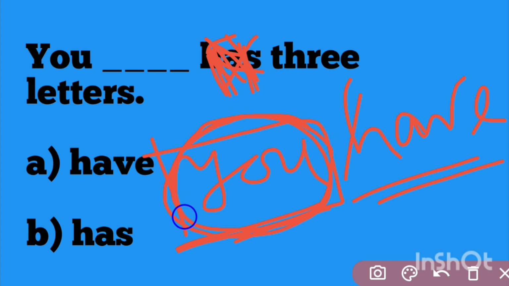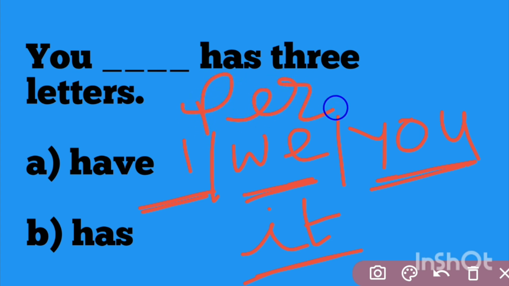Personal pronouns means the particular words like I, we, you, or even it. Whenever these words are used as personal pronouns, they refer to any kind of person or any kind of thing. This is the main thing.